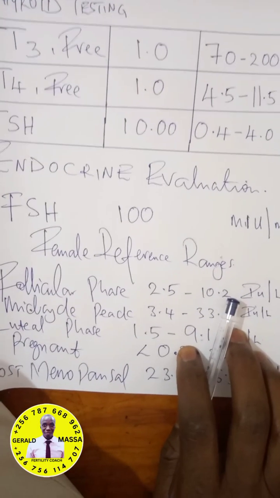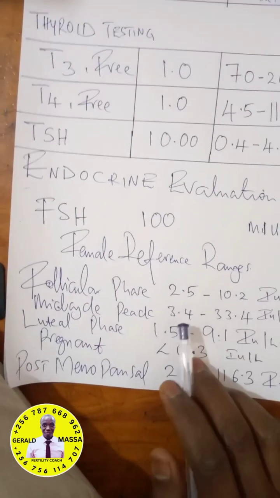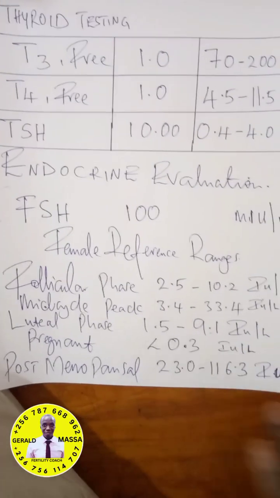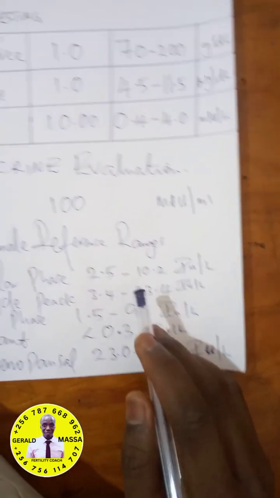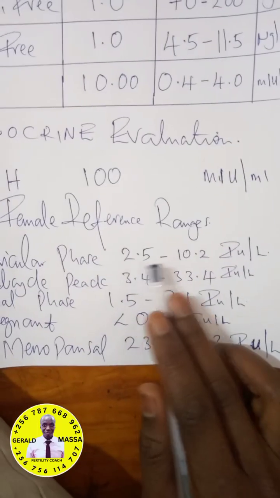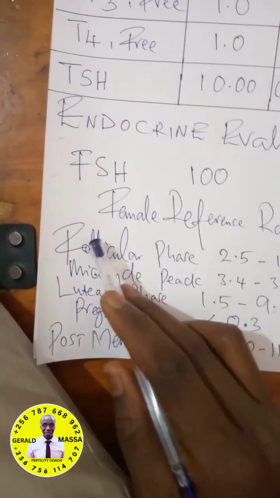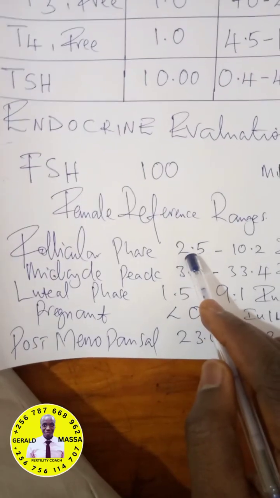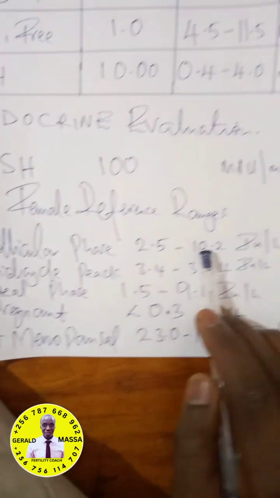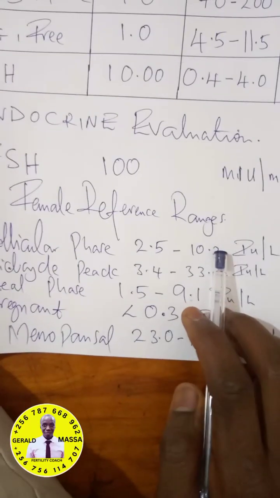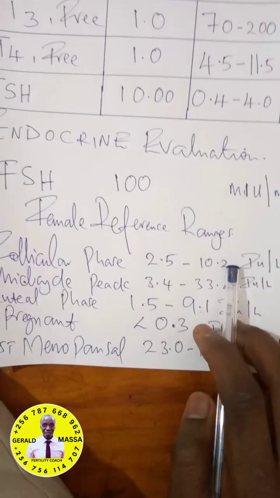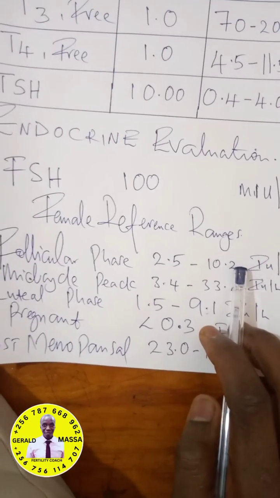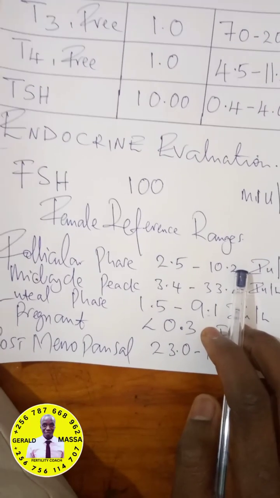She has just finished her periods. It simply means that the brain was actually sending FSH in the beginning. It was within the normal 2.5 up to 10.0 follicular phase. This could actually have started at the time of menarche, also known as the time when she first saw her periods. But maybe something happened along the way.